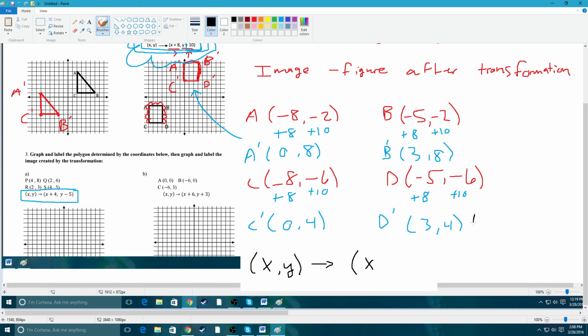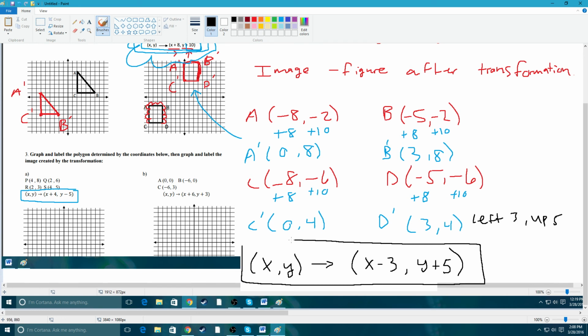So the problem is left 3, up 5. If that's our problem, remember x is left or right, and to go left we subtract 3, and y is the up and down, and to go up you would add to y. And that is how you write a rule.